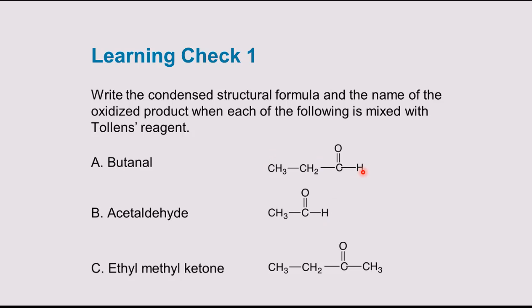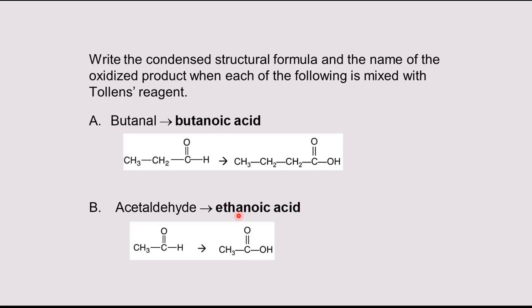We'll learn more about naming carboxylic acids, but instead of butanal, it would be butanoic acid. And instead of acetaldehyde, it would be acetic acid. Ethanoic acid, that's what it's going to be. So butanoic acid and ethanoic acid.